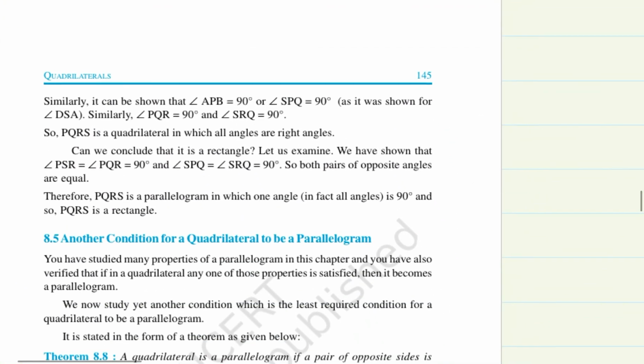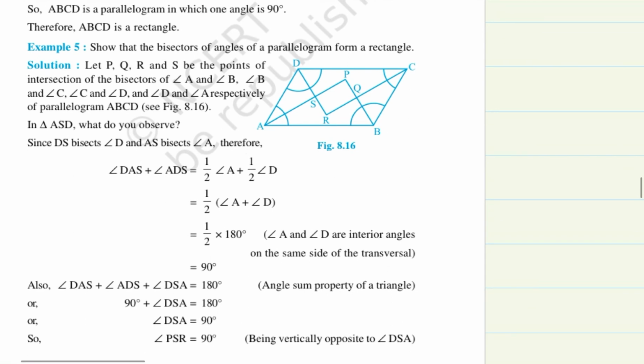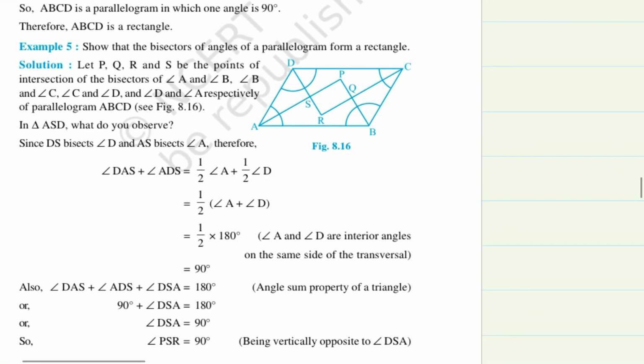Now let us do the fifth question. In the fifth question, show that the bisectors of angles of parallelogram ABCD form a rectangle.